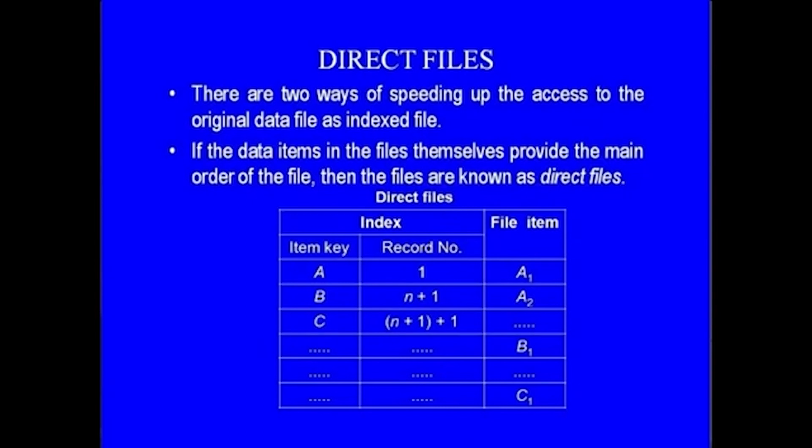So, item key A, which is located at record number 1, has a corresponding file item A1. Item B, which is located at record n plus 1, has a file item of A2, and so on.